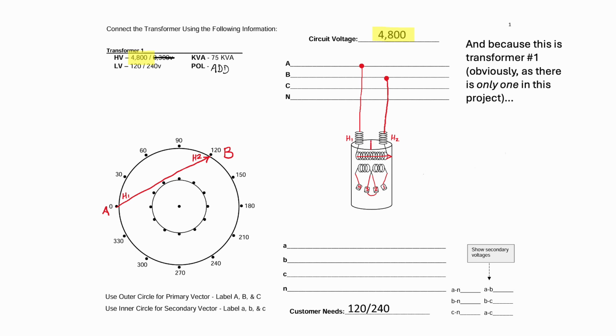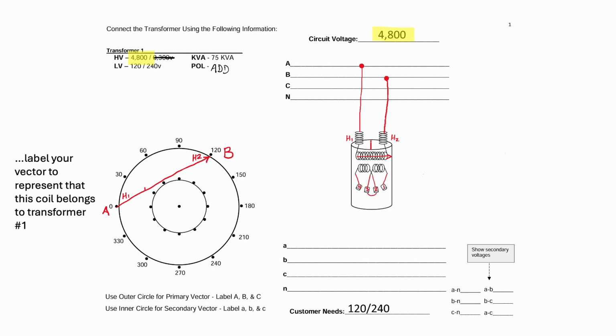And because this is transformer number 1, obviously, as there is only one in this project, put that 1 mark there on the top of the transformer. We'll label the vector to represent that this coil belongs to transformer number 1. And that concludes the primary work.